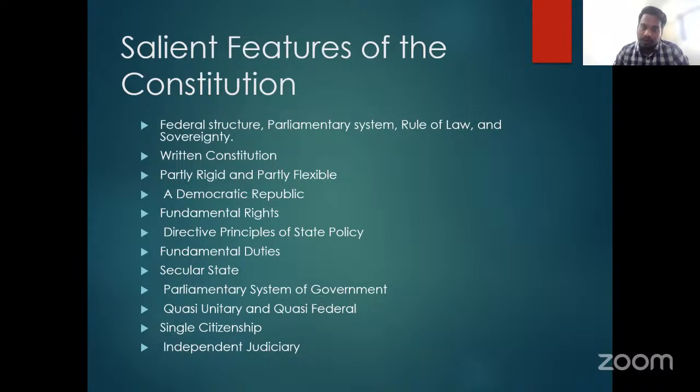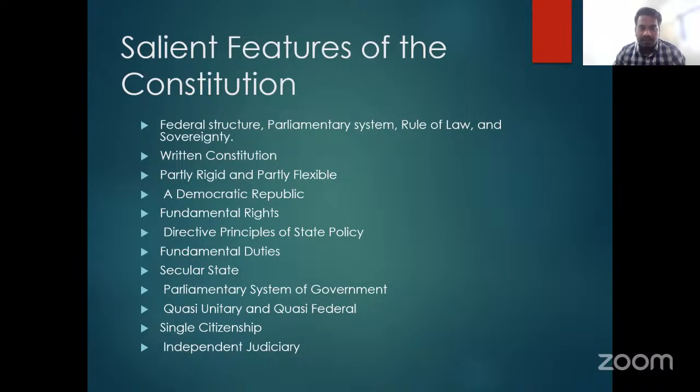However, we all know that the rights are not absolute. Reasonable restrictions can be imposed because of the safety and security of the state or the nation. Everyone cannot be guaranteed absolute rights. There should be reasonable restrictions.